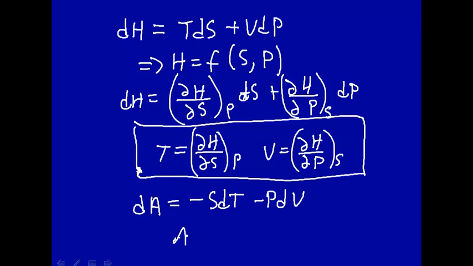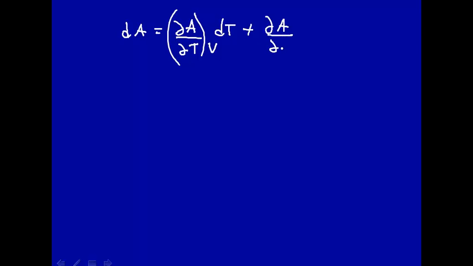So this means A is a function of T and V. Those are the natural variables for A. So let's take the total differential of A. So dA will be equal to how A changes with temperature at constant volume times dT, plus how A changes with that second variable, volume, at constant temperature times dV.